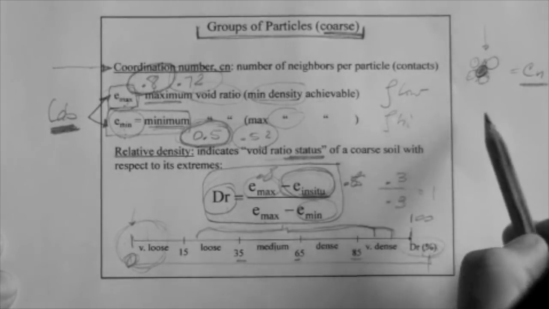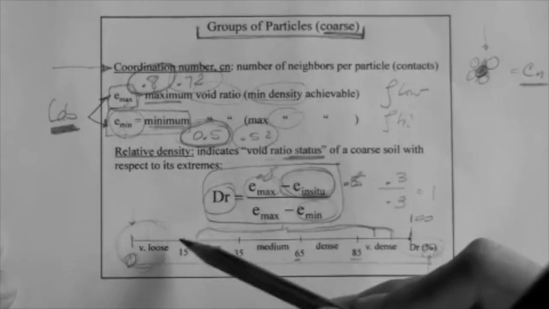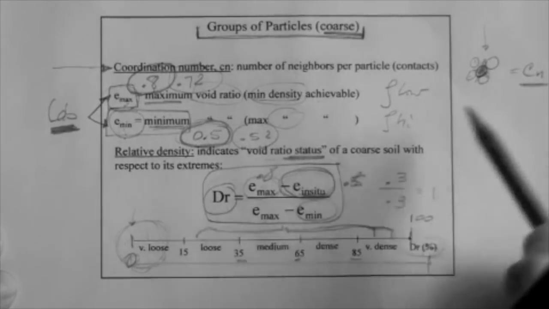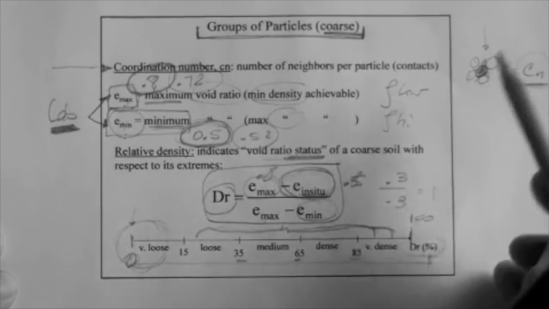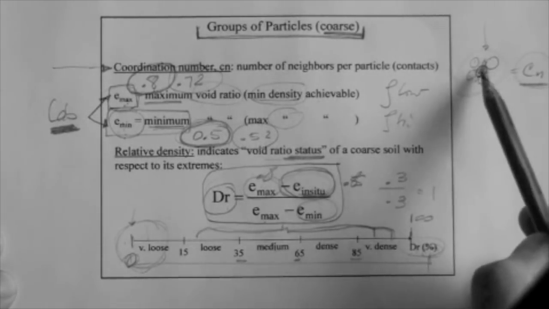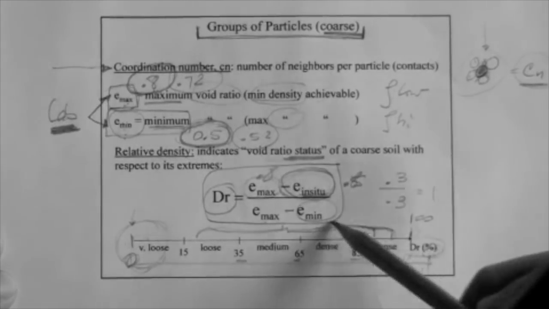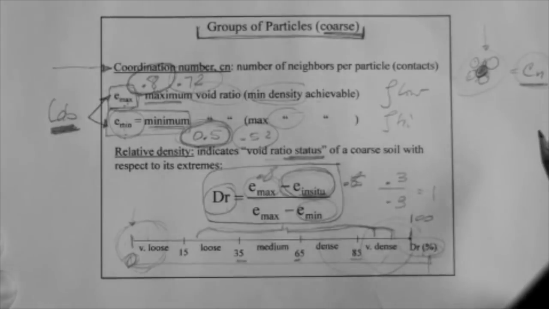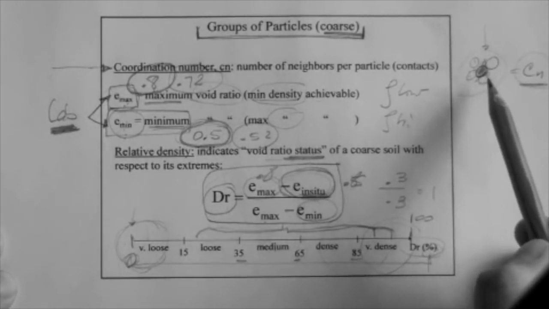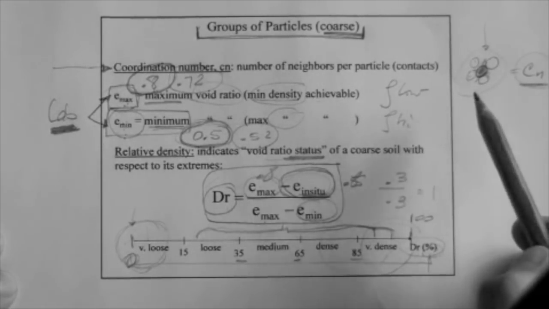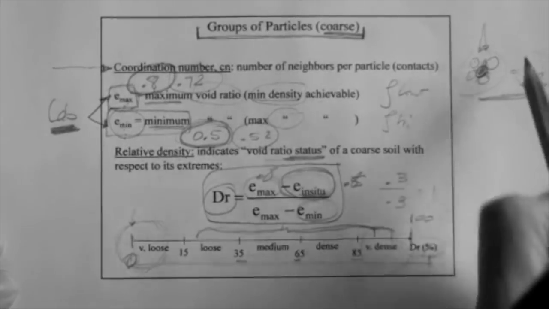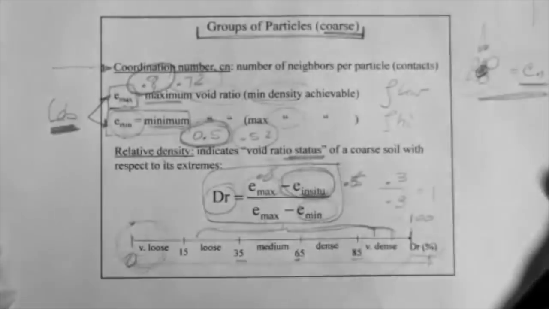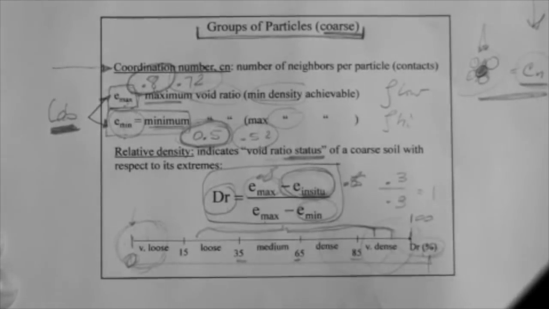That is the reason why a dense soil is stronger and stiffer than a loose soil, because a loose soil has a low coordination number and a dense soil has a high coordination number. If each particle has many neighbors to grind against, the soil would deform only a little bit, or it would be hard to deform the soil for a given load. So it's all about coordination number and fabric, which are of course related.